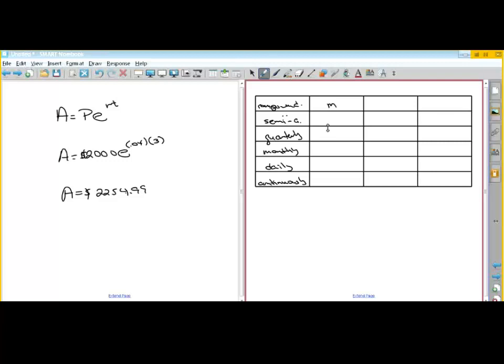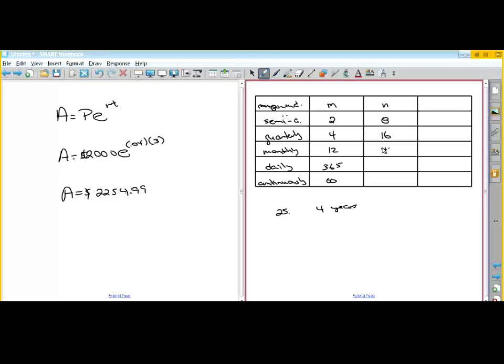Okay, so the number of compounding periods per year: semi-annual is 2, quarterly is 4, monthly is 12, daily is 365, continuously is infinity. Then we have n. Problem 25 says it's for 4 years.